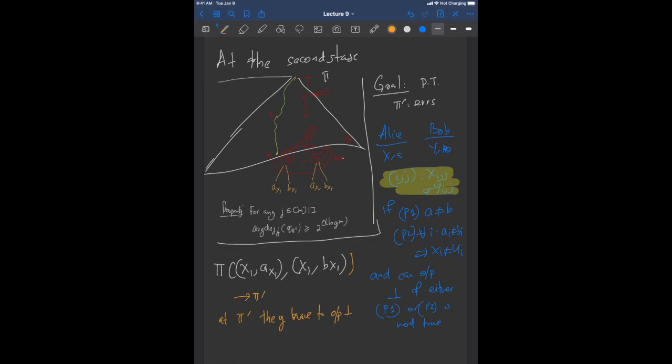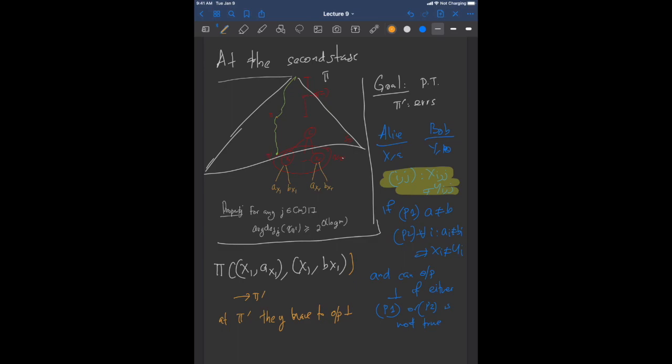Obviously promise 2 is broken, because ax1 is different from bx1, so there's some index i where ax1 is different from bx1, but on that index the corresponding rows of Alice and Bob are the same, so promise 2 is broken. But that doesn't necessarily mean they have to output perp.